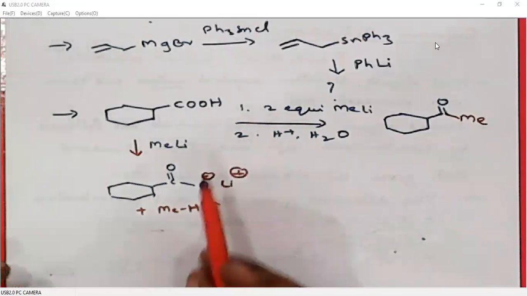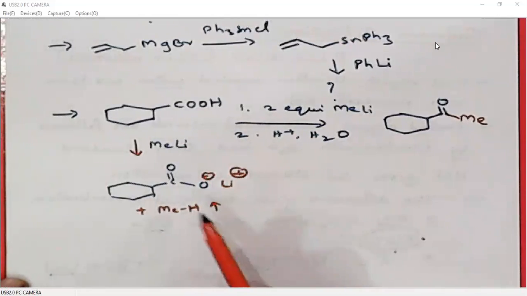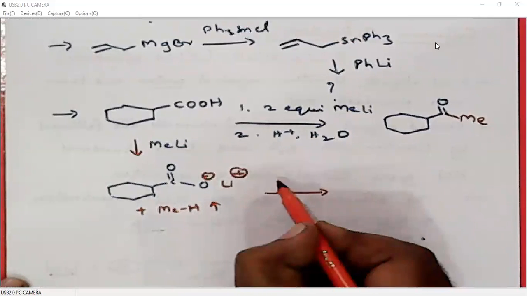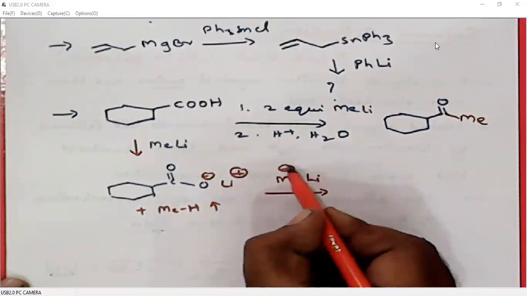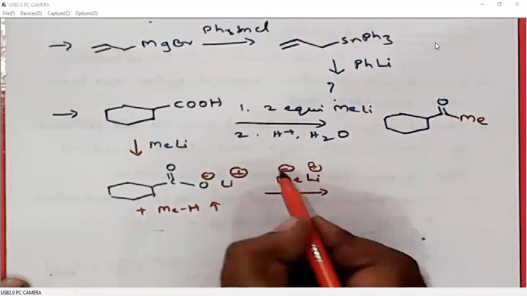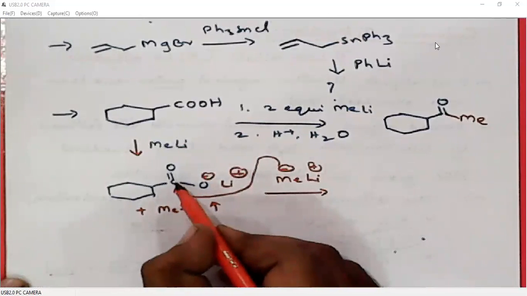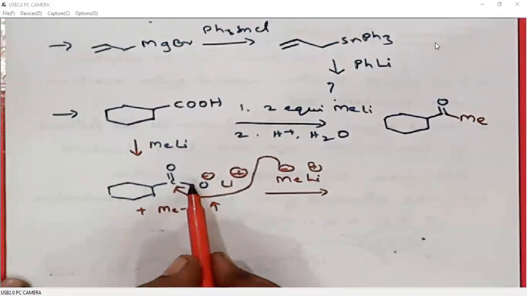When we want to do the same conversion with Grignard reagent, it is not possible, right? Why? Because Grignard reagents are not strong enough to undergo nucleophilic addition to the carbonyl carbon in a carboxylate ion. So this is a carboxylate ion.